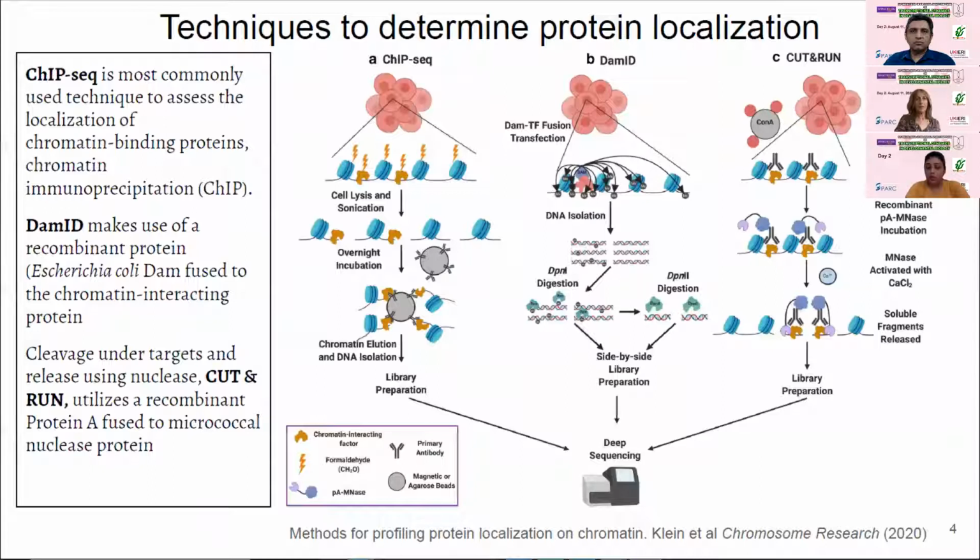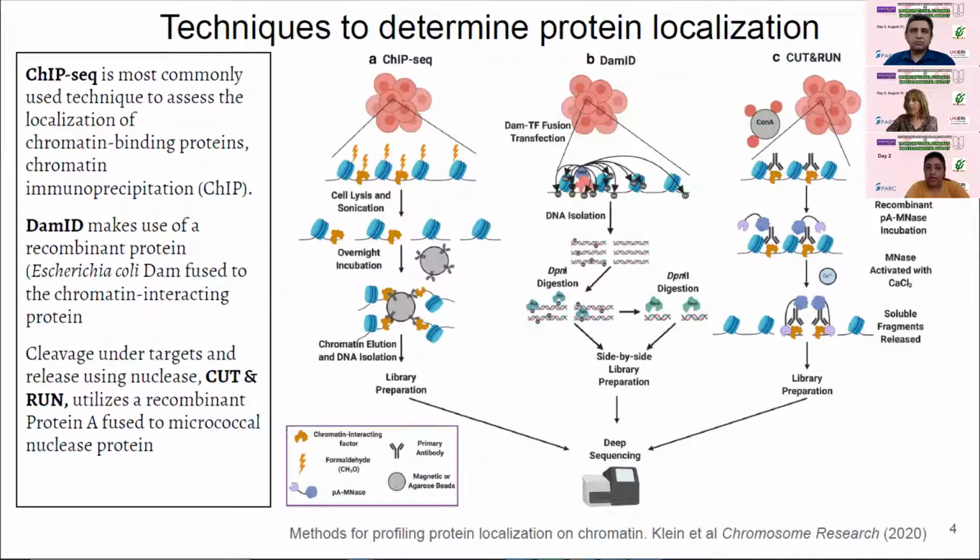So if you want to know where your protein of interest binds on the genome, then you would want to do these experimental techniques. So I'm going to talk about 3 of these techniques, and I'm not going into the details of these, but just to build a background, I'm going to explain a brief introduction.